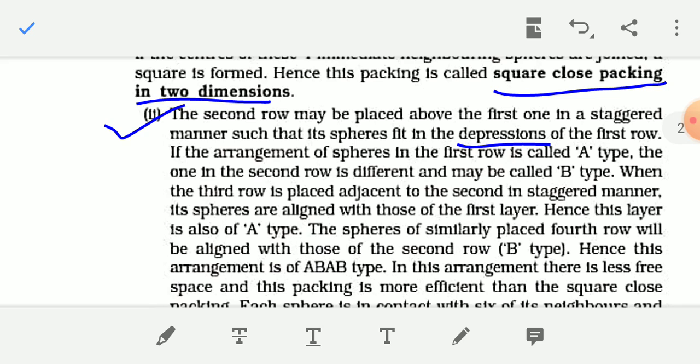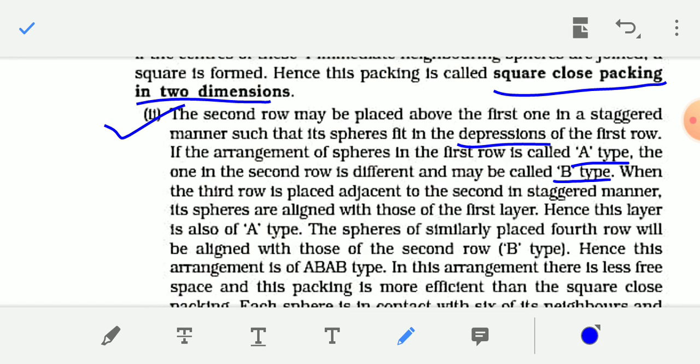If the arrangement of spheres in the first row is called A type, the one in the second row is different and may be called B type. When the third row is placed adjacent to the second in a staggered manner, its spheres are aligned with those of the first layer.